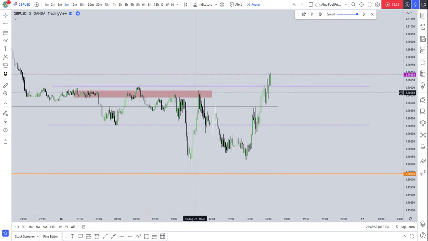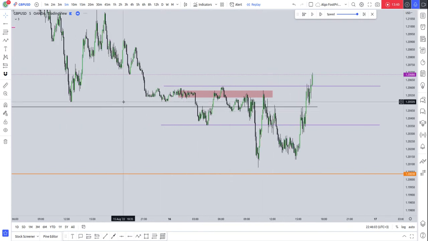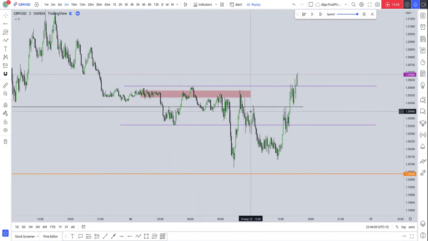So now price has come above this horizontal line. Remember, this is previous week's low. Here, the trade I took was from here.